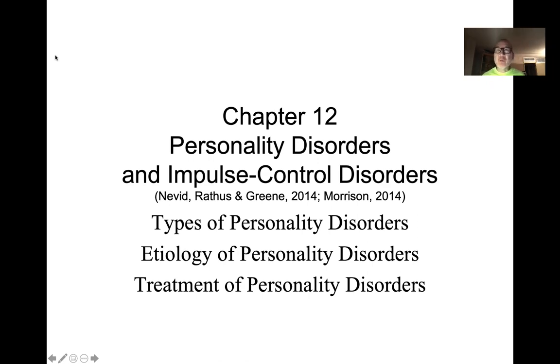That's one of the tricky challenges with diagnosing personality disorders: there is a large degree of overlap. Research has found, for example, a lot of covariance between borderline and narcissistic personality disorder, as well as between schizotypal and schizoid. But we'll draw the distinctions, and they are still considered distinct categories.